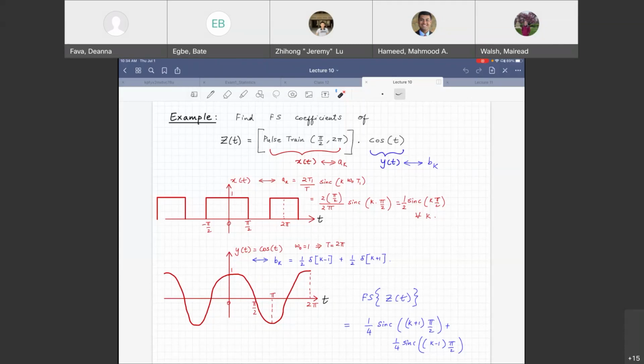So we found the Fourier series coefficients of a periodic square wave, found the Fourier series coefficients of a cosine, and when you multiply them in the time domain, you are convolving a_k and b_k. Because this resulted in convolving with a unit impulse, it was very convenient to express the result as shifts to k minus 1 and k plus 1, right? So that's what we did last time.